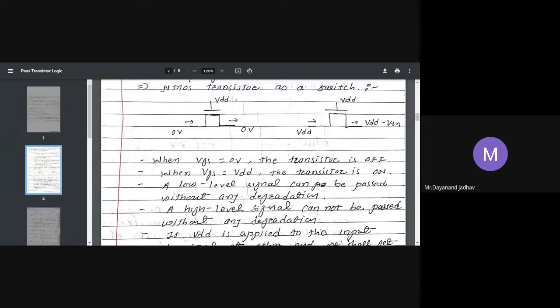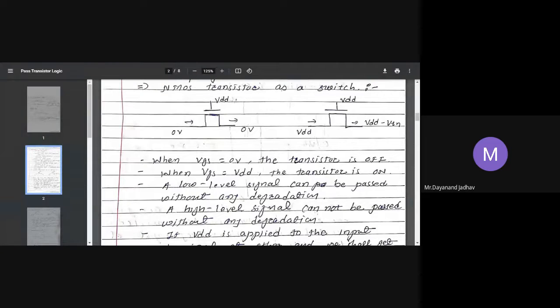When we consider the NMOS transistor, a low level signal can be passed without any degradation. This is an important case in the NMOS transistor: low voltage passes easily.